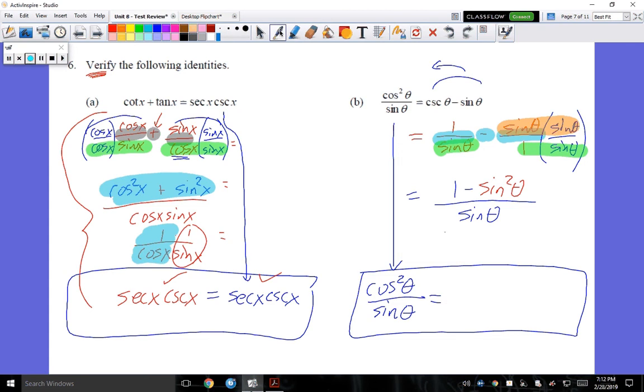So I'm going to substitute the top with a cosine squared, and now the bottom will remain this sine squared that didn't change. And now if you were just to copy it, you have cosine squared over sine, which is now the left and the right side look the same. So that's how you verify the identities.